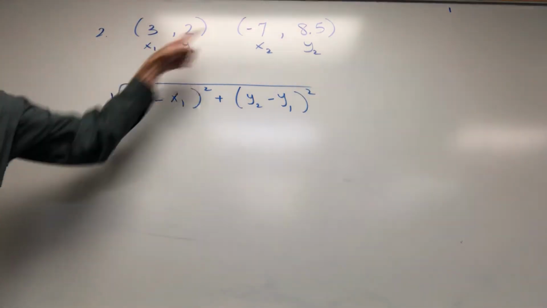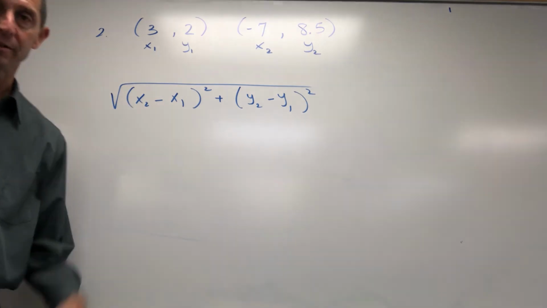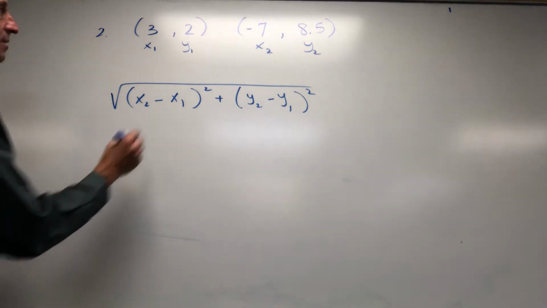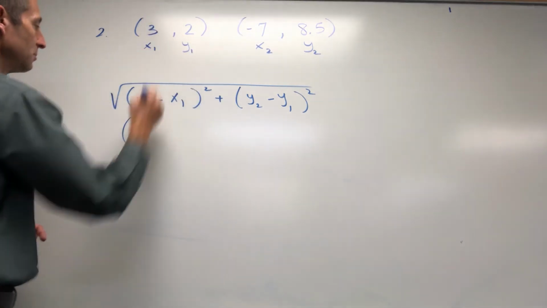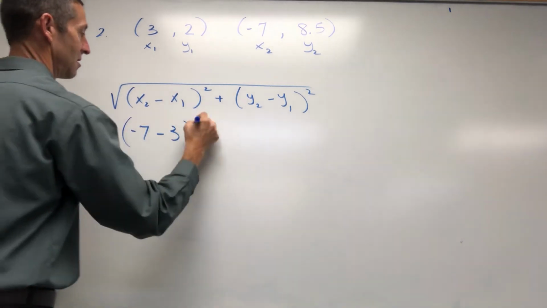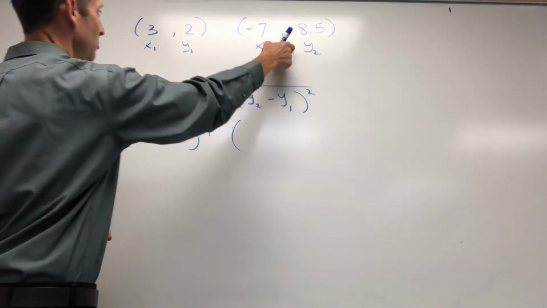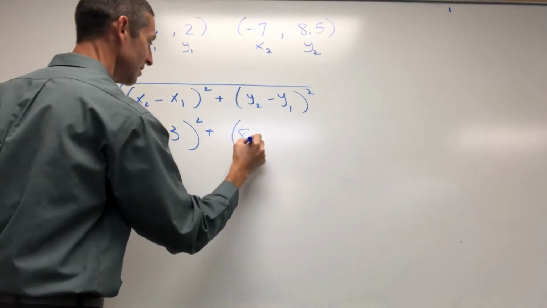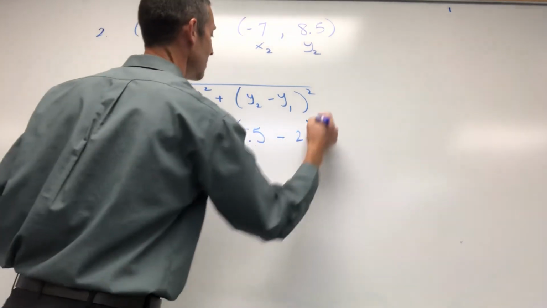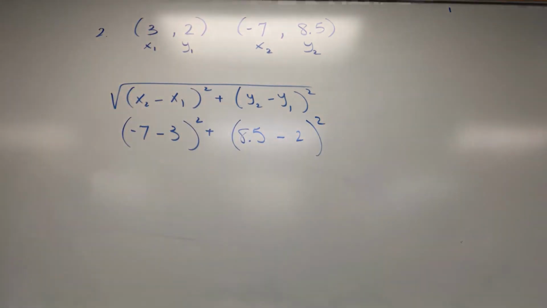So I've got 4 numbers and 4 places. We get each number in the correct spot. Go to work. -7 minus 3. 8.5 minus 2. So we've got decimals even jumping in the game. Let's get them all in the right spots.